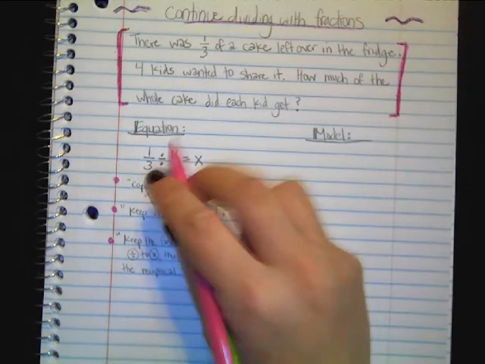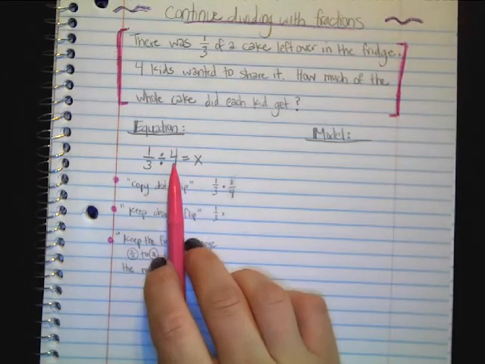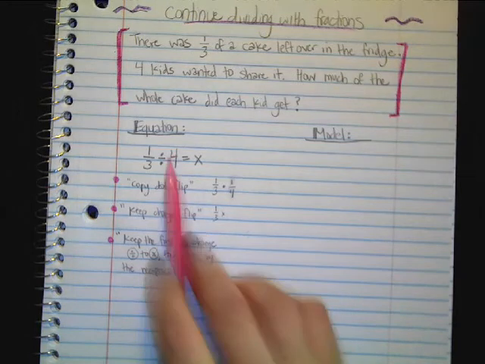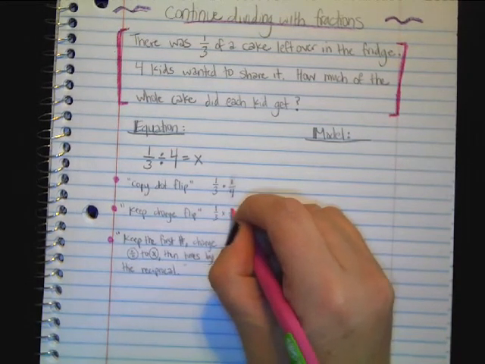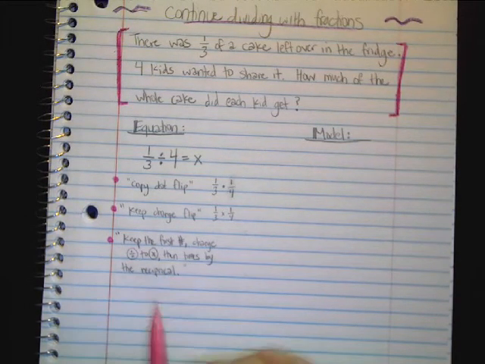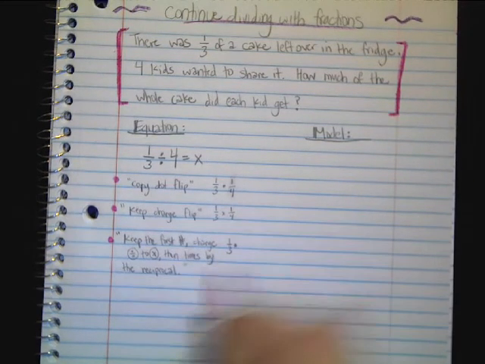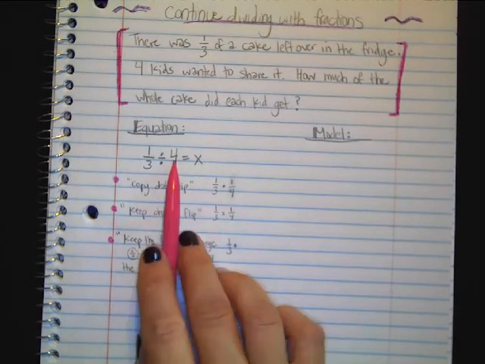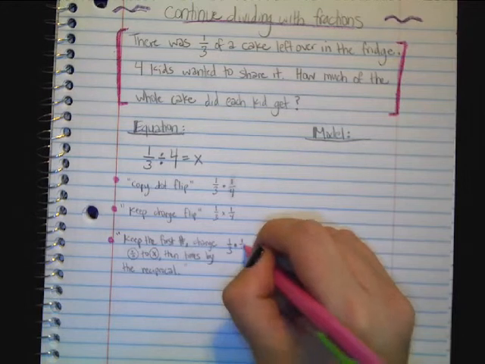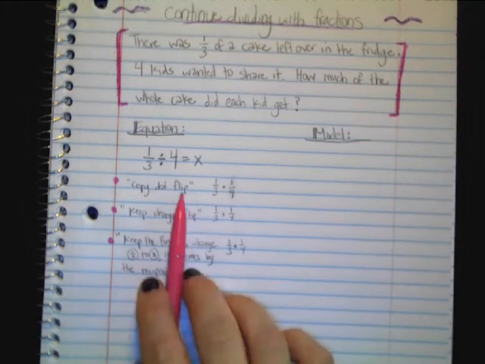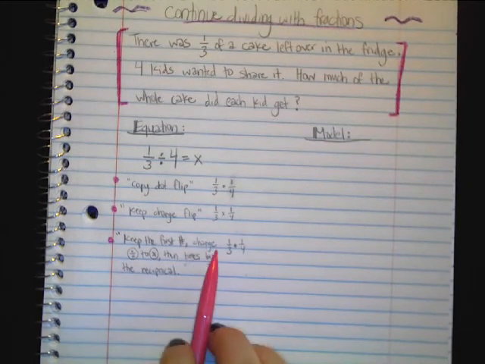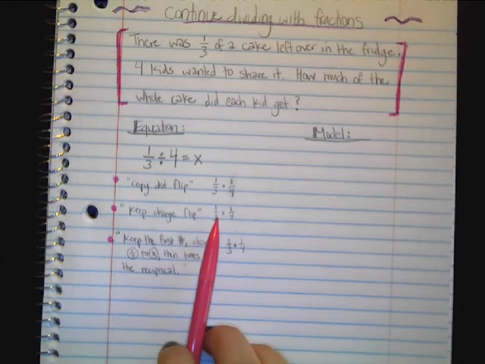To keep, change, flip, you keep 1/3. You change divide to multiply. You flip this number. So to flip 4, instead of 4 being on top, 4 becomes on bottom. Or keep the first number. Change divide to multiply. And times by the reciprocal. The reciprocal of 4 is 1/4.